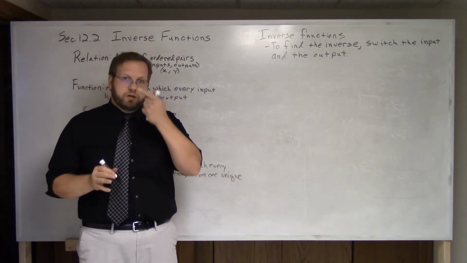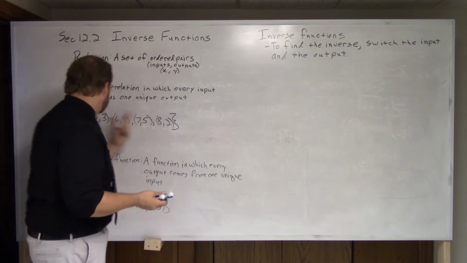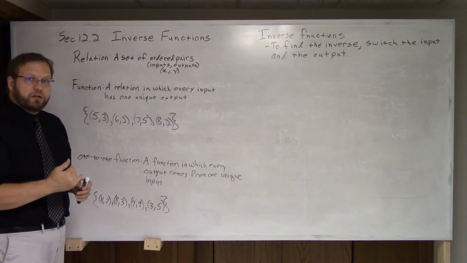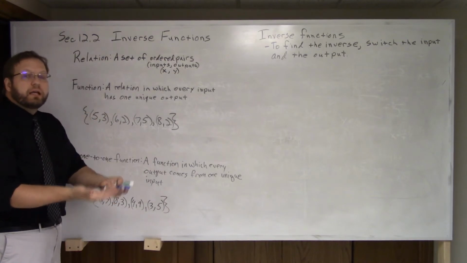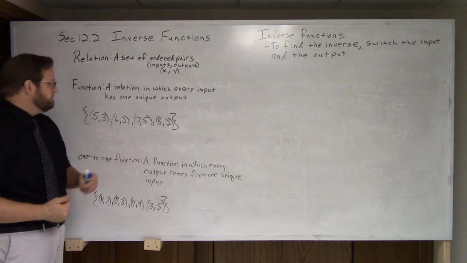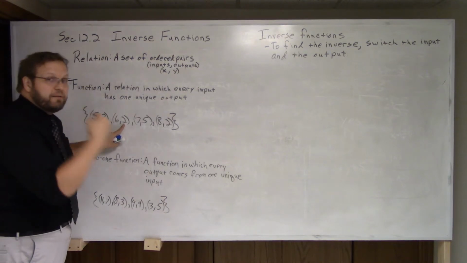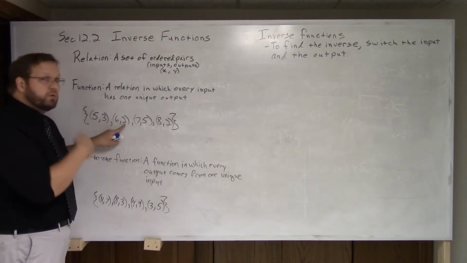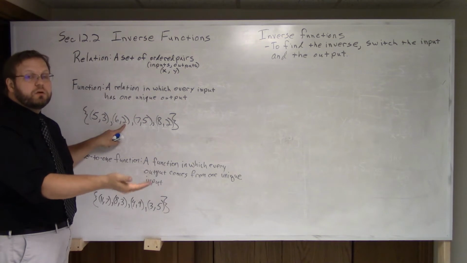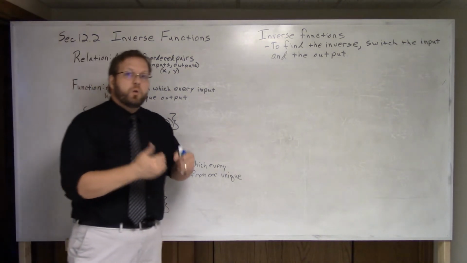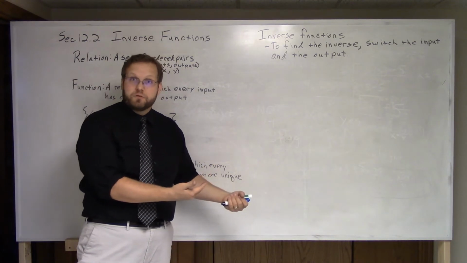What an inverse function does is if, let's say, a function turns a 5 into a 3, the inverse function will take that 3 and turn it back to a 5. If the function changes a 6 into a 2, an inverse function will change that 2 back to a 6. Okay, so it basically undoes what the original function had done in the first place.